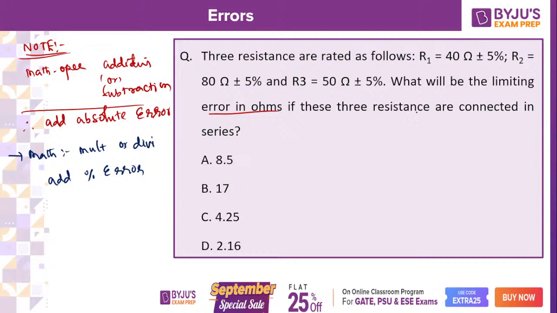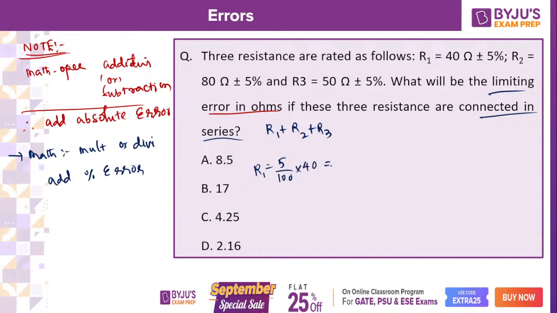So here the resistors are connected in series, meaning R1 plus R2 plus R3. So it's addition, so take the absolute errors only. He's asking what will be the limiting error, and he has mentioned absolute errors only. 5% of 40, how much?